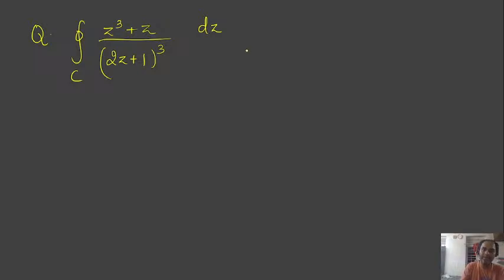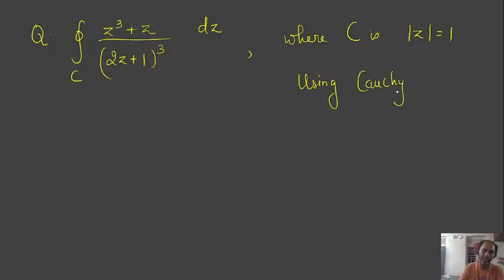The integral of (z cube plus z) divided by (2z plus 1) the whole cube dz over C, where C is mod z equal to 1. This is the question, and you have to do this using the Cauchy integral formula.